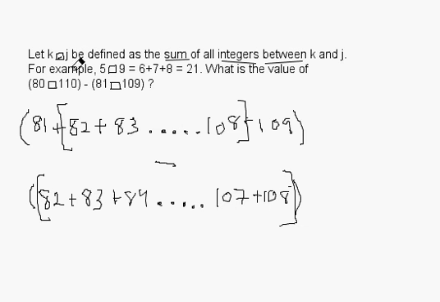And then we realize that the first whole value is larger because it has an 81 in it and a 109. How much larger is it? Well, it's larger by 109 plus 81, which is 190.